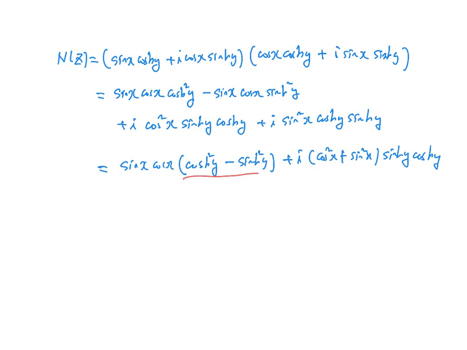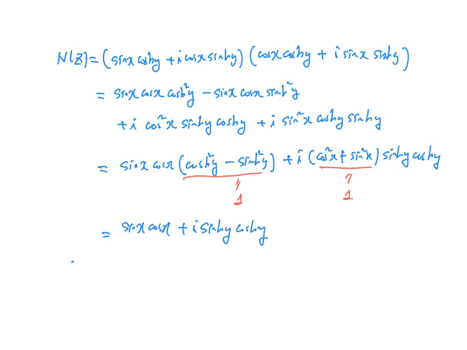And this is equal to 1. So actually it can be simplified considerably. Sine x cosine x plus I sine hyperbolic y cosine hyperbolic y.